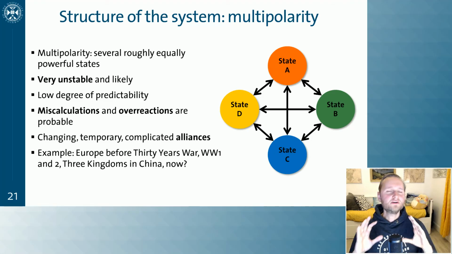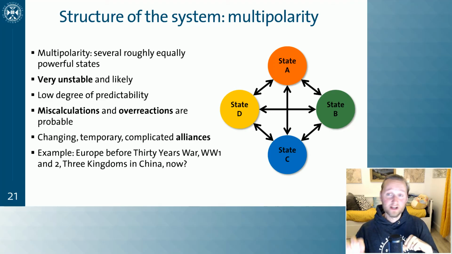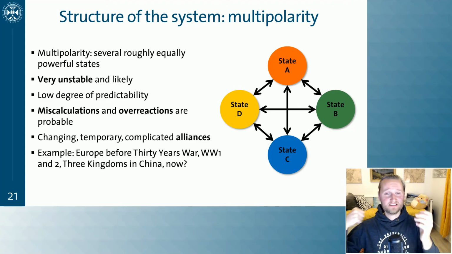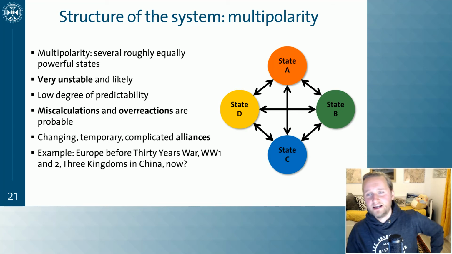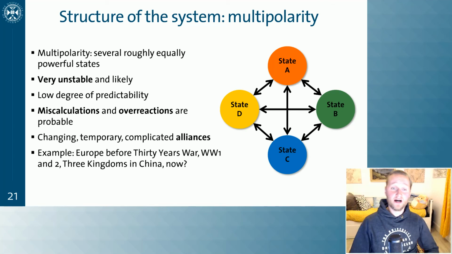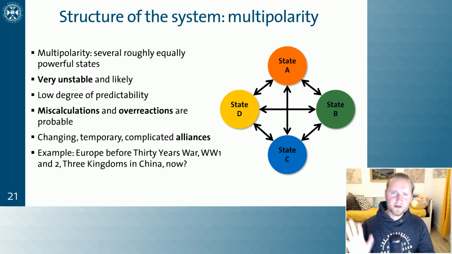This system realists hate. They hate it because it's extremely unstable. Everyone is kind of credibly threatening everyone else, and there's no one, for example, like a hegemon that could just step in and say, nope, that's not happening, and if you two guys fight, I will take you both out. It's a very unpredictable system, and it's one where realists expect a lot of miscalculations and overreactions because there are so many equations and so many variables you have to worry about at the same time.